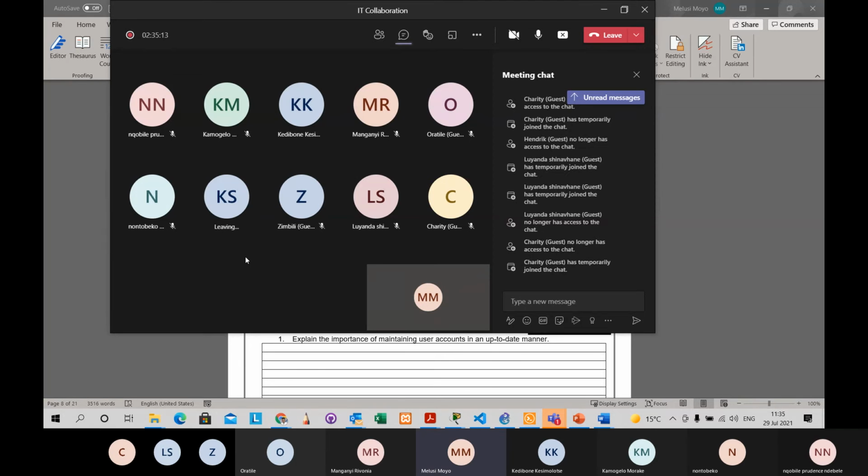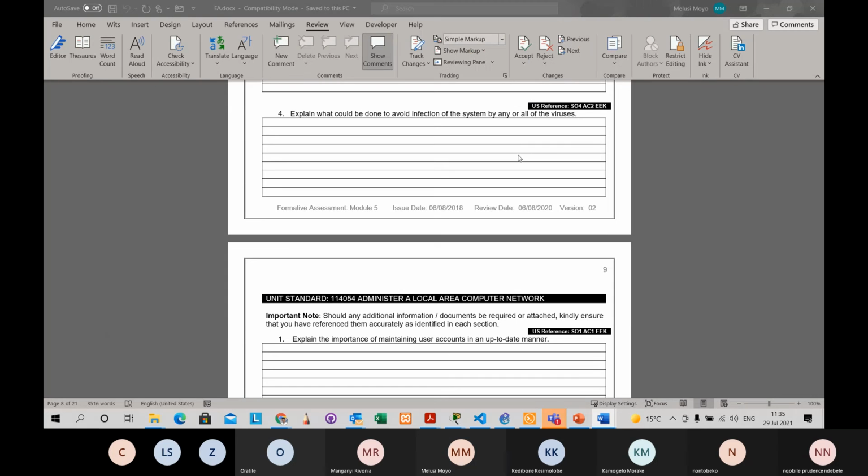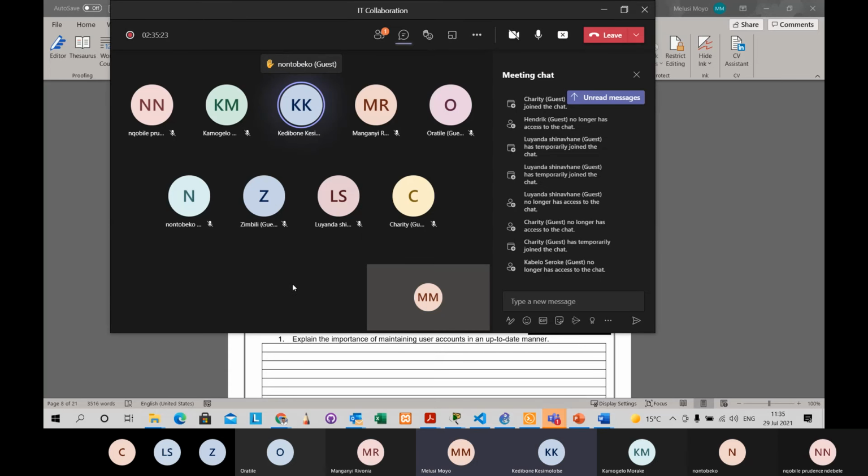So how can we prevent computers from being affected by these viruses? I would say to install antivirus software. Install antivirus software, okay. Kidiboni, what's your answer?